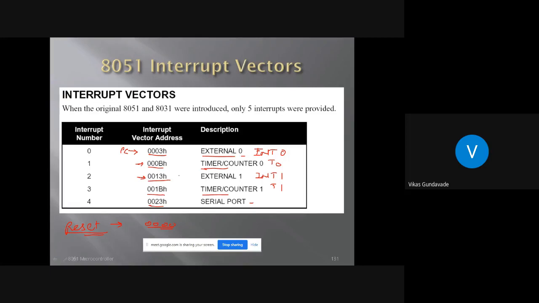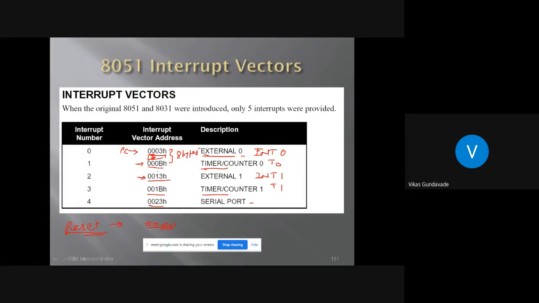By default, for every interrupt a space of 8 bytes is provided. From 0003 to 000B we have a space of 8 bytes. That means the ISR of this INT 0 is written into this space.